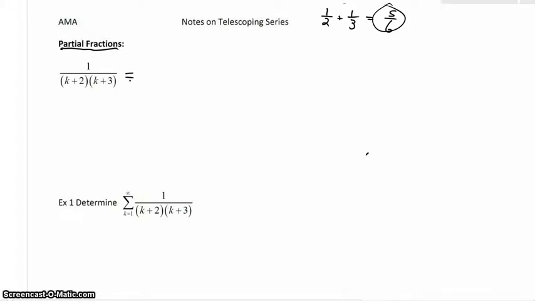But would you agree there is a factor of k plus 2 and also a factor of k plus 3 there? So I'm going to say this is a over k plus 2 plus b over k plus 3. In other words, I'm going to do this decomposition, so to speak. I'm going to try to work backwards.